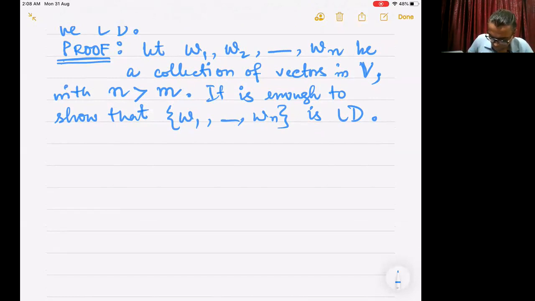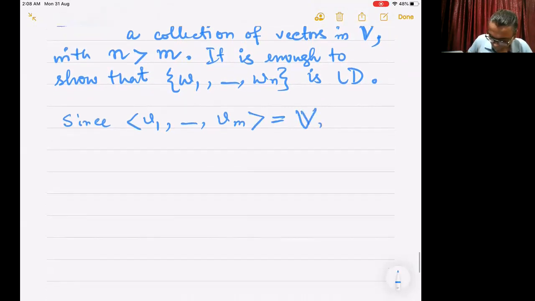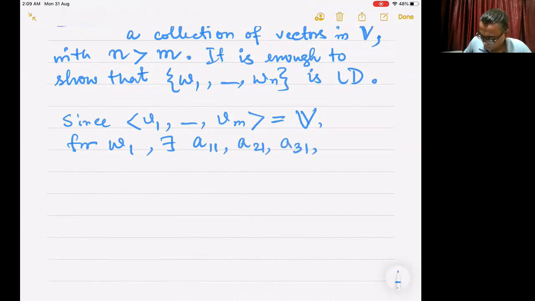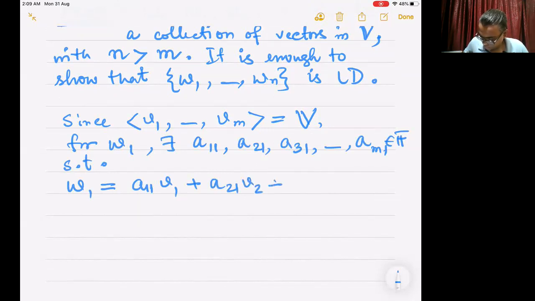Since v1 up to vm spans all of V, for w1 there exist a11, a21, a31, up to am1, all coming from the field, such that w1 is equal to a11 v1 plus a21 v2 plus dot up to am1 vm, right?